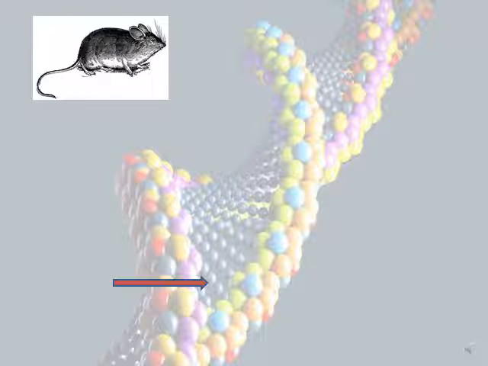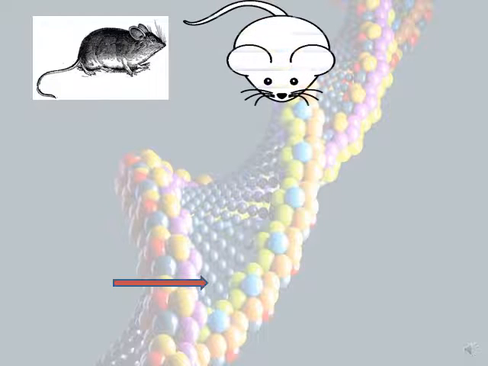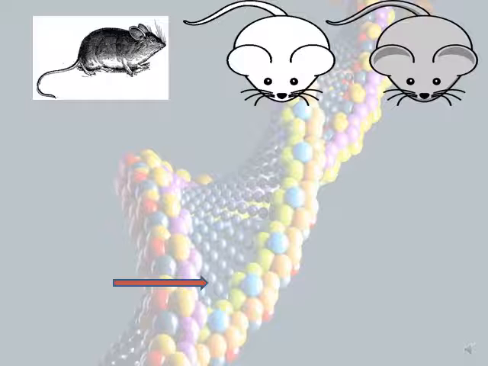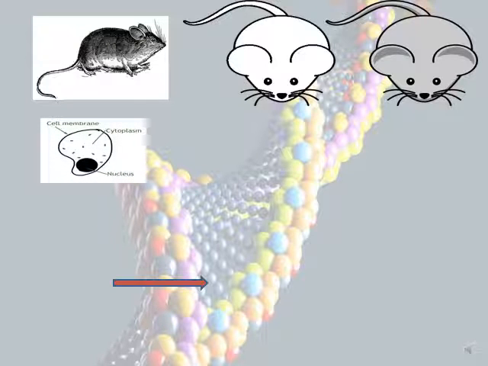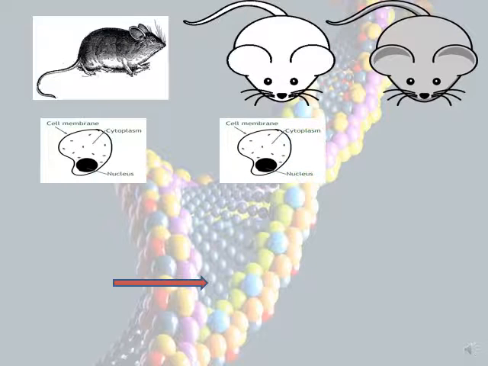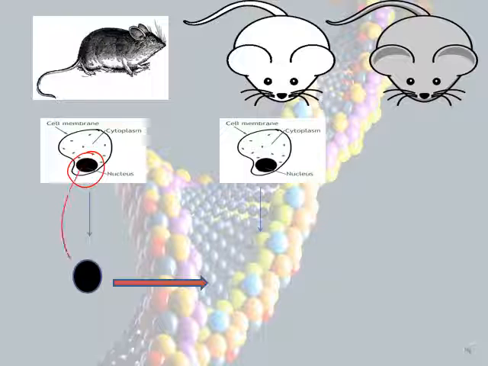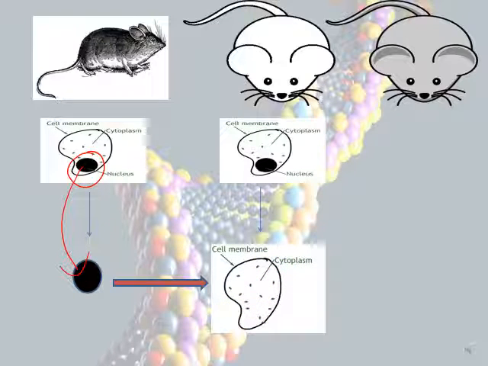In this experiment, we have a black mouse, a white one, and a gray one. What did they do? They took the nucleus of a cell of a black mouse. We extract the nucleus from the black mouse, and then we inject it into the white mouse's cell, which is anucleated.